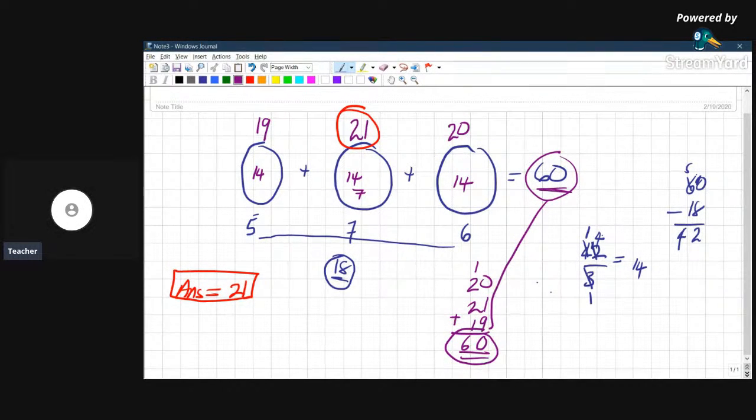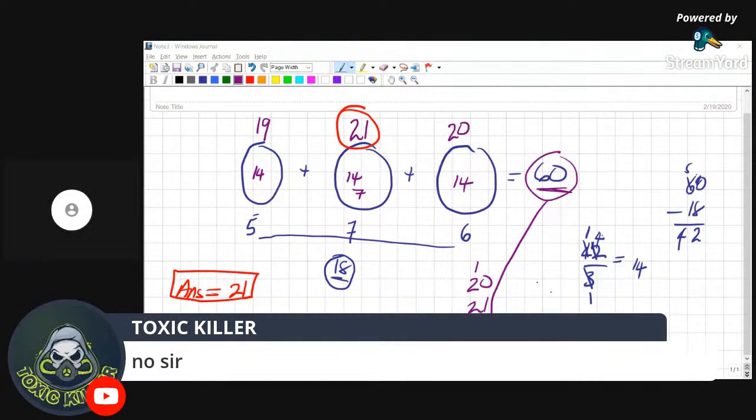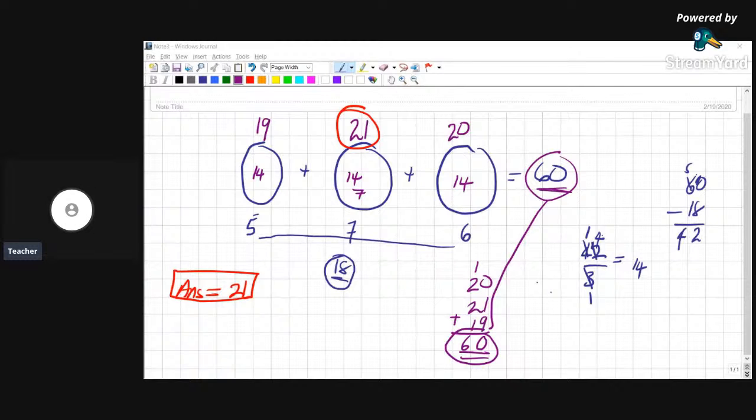And I have someone here saying, no, sir. I'm going to show this comment. This person has a very interesting name, Toxic Killer, right? But whoever this Toxic Killer is, they are watching and they are commenting, and we want to say how important that is that one is participating. All right, cool. So we're moving on now to the second question.